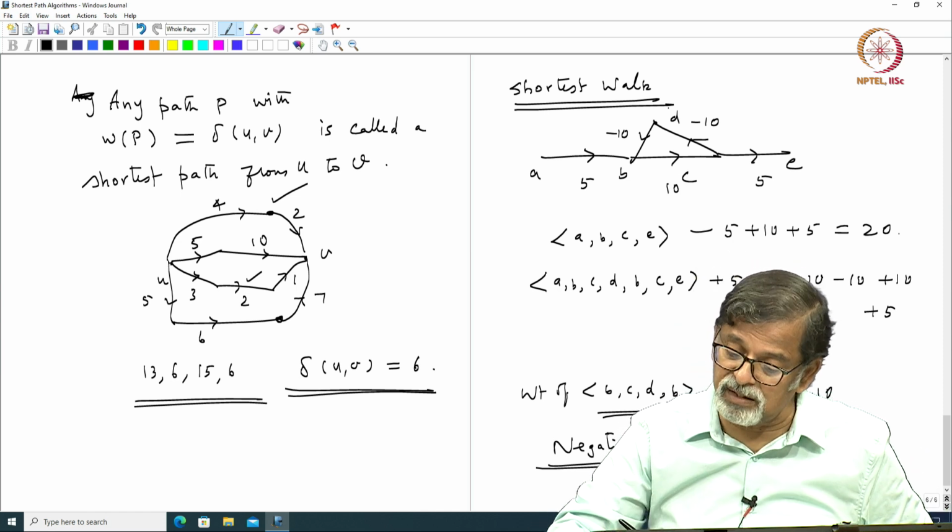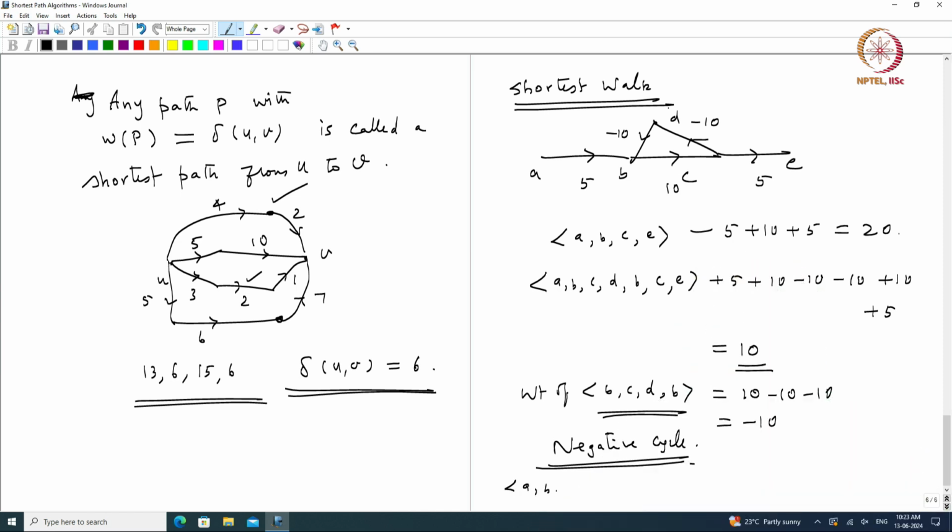Let us say A, B, C, D, B, C, again you go to D, B, C, and now you come out to E. You can see that its weight is 0. Sorry, I have written 10.